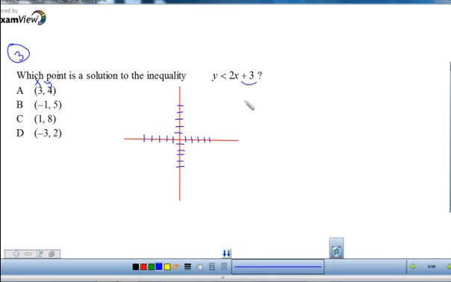Okay, so we're going to start with 3. We're going to put a dot on 3. From there, we're going to use our slope, up 2 over 1. So up 2 to the right 1.